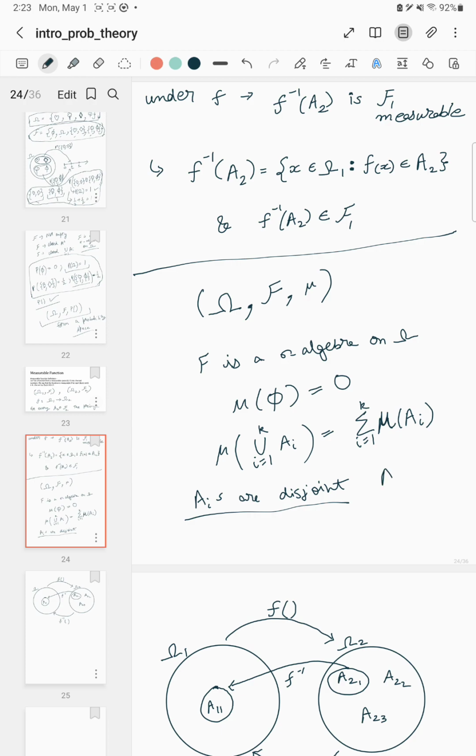All of the Ai, let's say A1, A2, are disjoint, which means the intersection of any two of them is the null set. Okay, now this is a measure space.